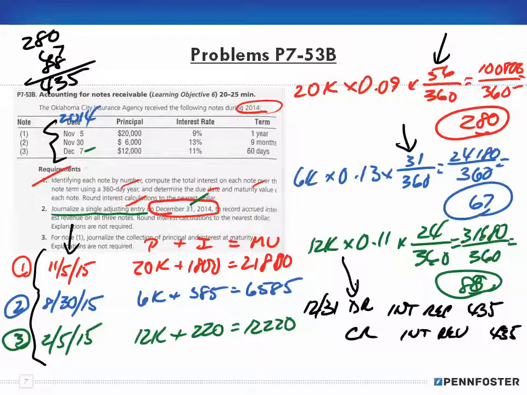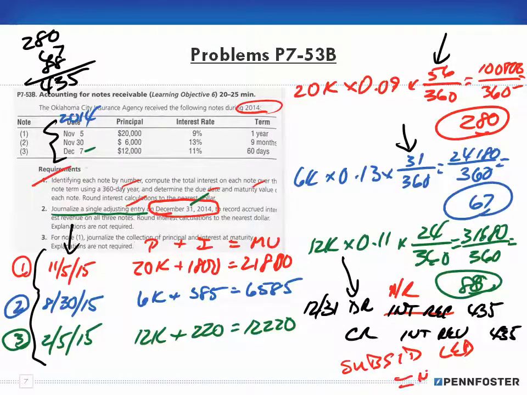But most often, instead of having this interest receivable, you would have an accounts receivable account, and you would post it to the accounts receivable, and one of the subsidiary ledger accounts would be the interest receivable account.